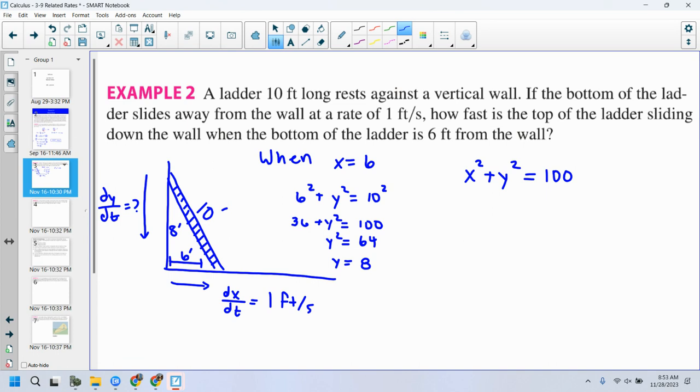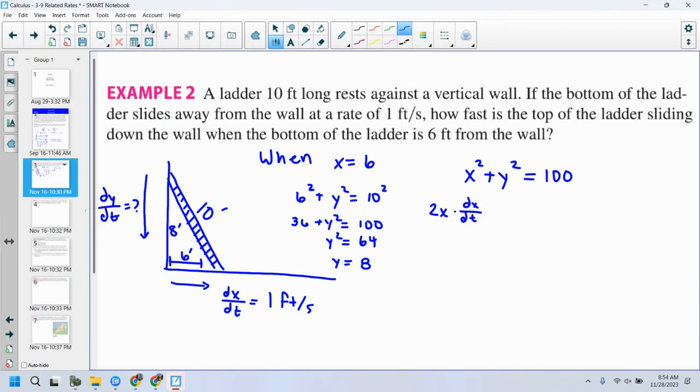Let's find the derivative of both sides. Now, look here. What's on our bottom? t, right? So when I go to differentiate the left side, when I go to differentiate x squared, I've got to write 2x times x prime, right? That's implicit differentiation. 2x x prime. Or in other words, 2x dx dt.